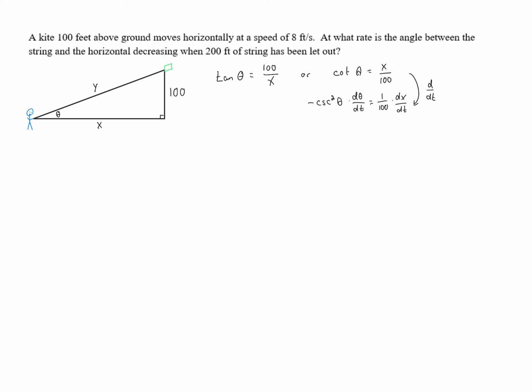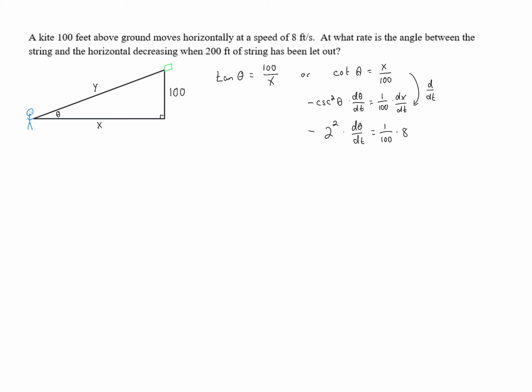So this is going to be negative 2 squared times, well, d theta over dt is the quantity we're trying to get. And then on the right, 1/100th times dx over dt. But we're told that the rate of change of x is 8 feet per second, so that's going to be 8. Let's see.